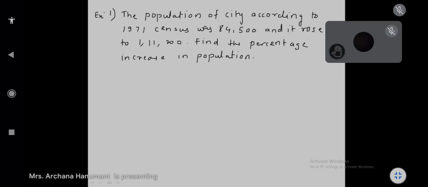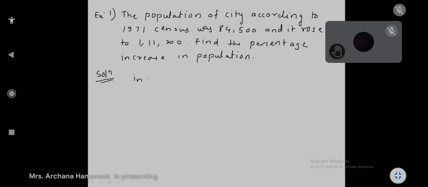Okay, for this, first find how much the population increased from 1971 to another year. How to find this population increase?